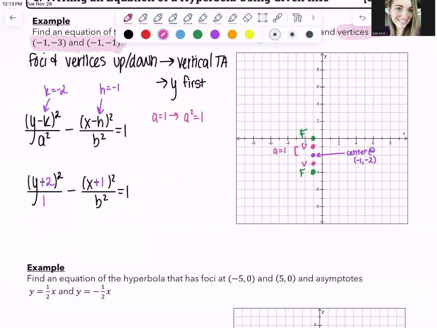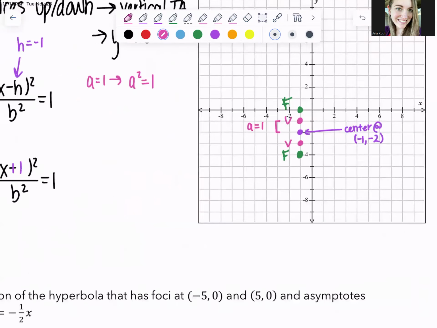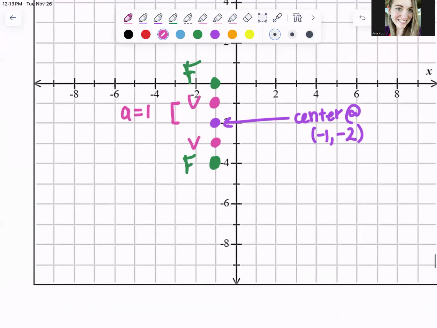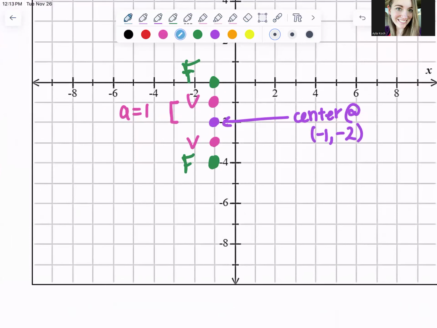The next is b squared, and we really don't have enough information to find b squared based on this picture. However, we do actually have enough information to find it if we're tricky. A is the distance from the vertex to the center, but c represents the distance from the foci to the center. So each of these foci are 2 units up, 2 units down from the center.